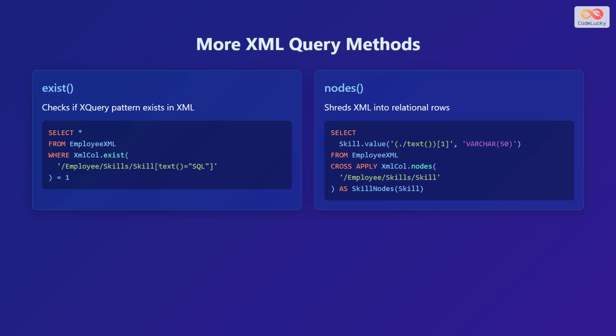Second, the nodes method. This method shreds the XML into relational rows, allowing you to treat XML elements as rows in a table. For example, select skill.value('./text()[1]', 'varchar(50)') from EmployeeXML cross apply XMLcol.nodes('/employee/skills/skill') AS SkillNodes(skill).